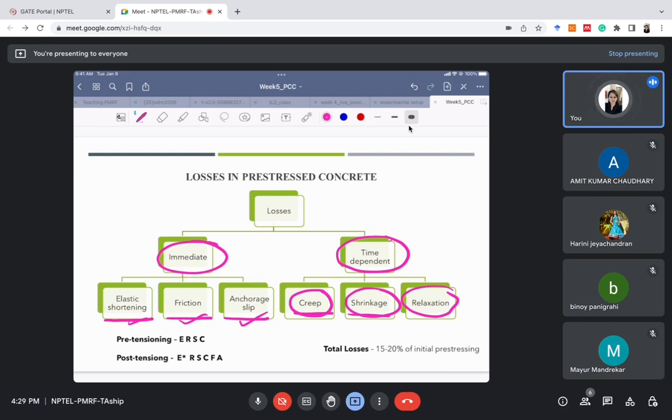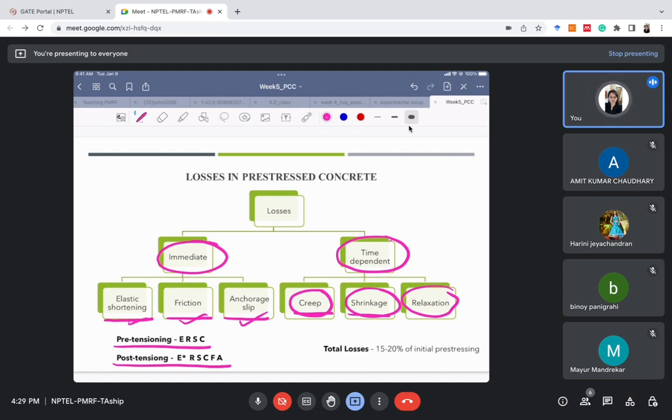Second thing we should remember from this slide is what are all the losses which are possible in pre-tensioning, and what are all the losses which are possible in post-tensioning. So you can remember these letters. For pre-tensioning, you can remember that ERSC happens. In post-tensioning, ERSCFA, all types of losses can happen.